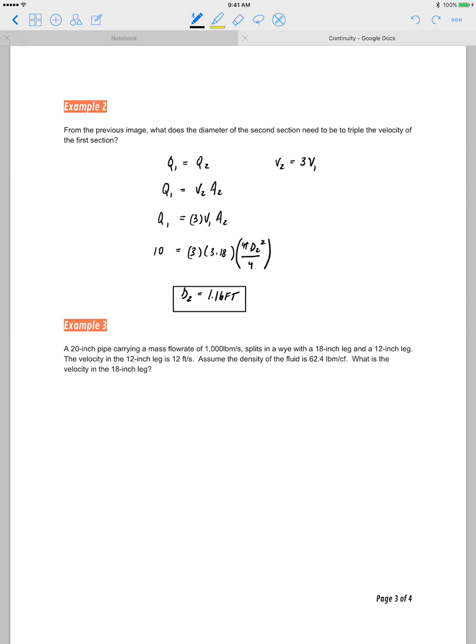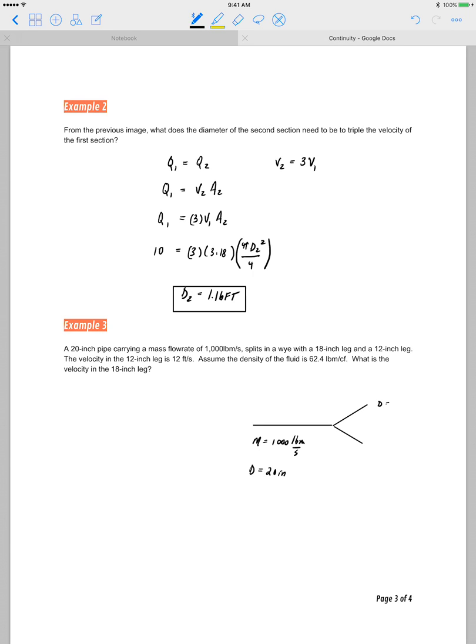So what we do here is we draw the picture. We know it splits into a Y. Well, you know what we can do? We can make that a little bit straighter. Okay, splits into a Y. So we know that we have a mass flow rate of 1,000 pound mass per second with a diameter of 20 inches.